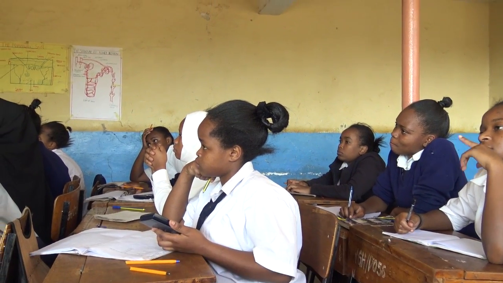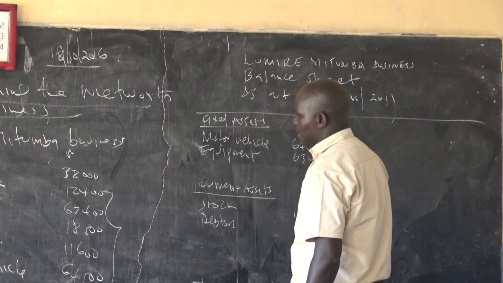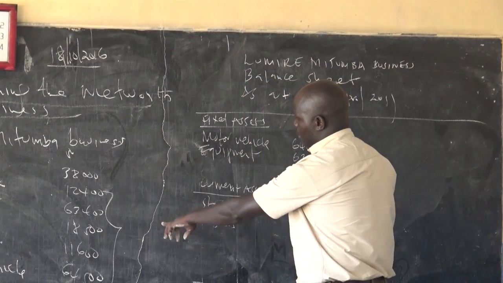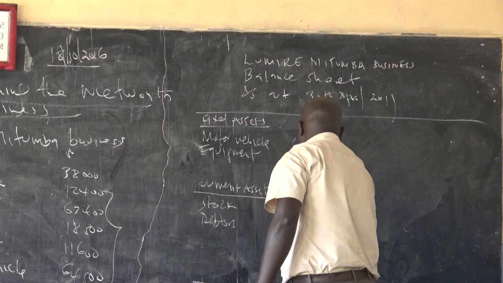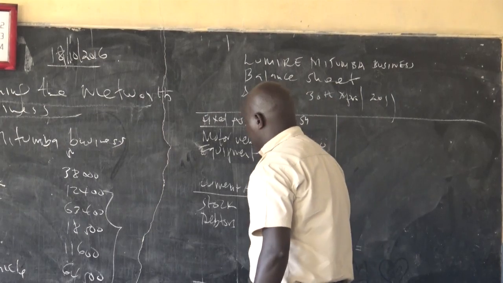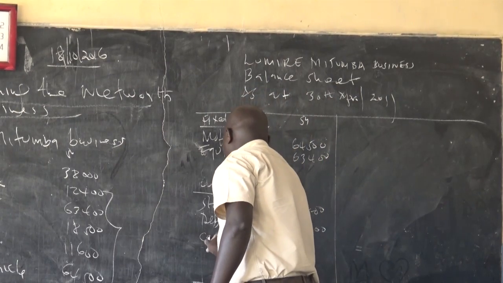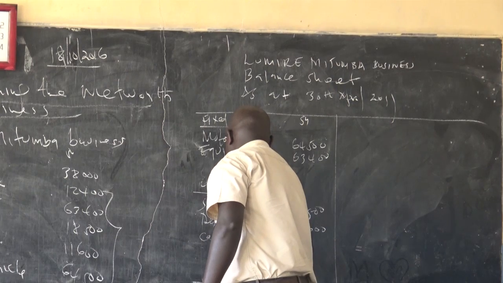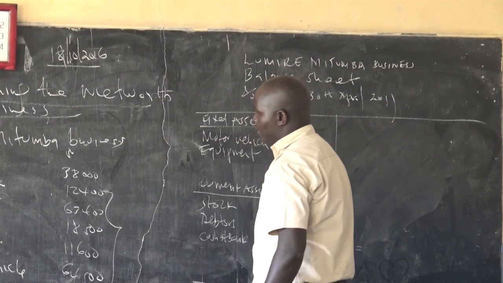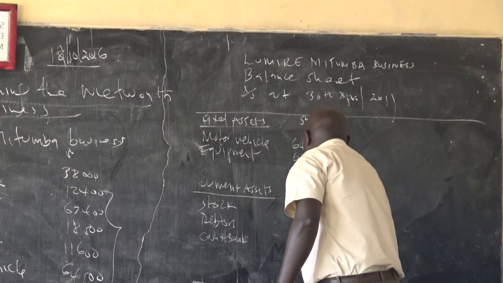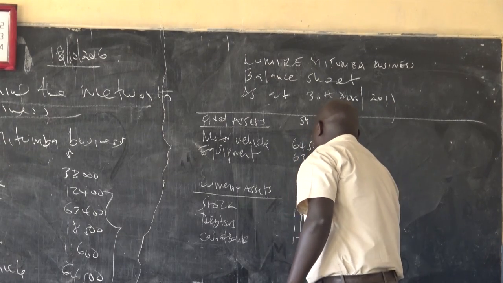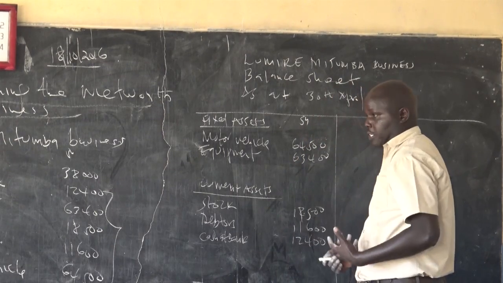How much? Debtors is how much? Correct, 11,600. Then we have cash at bank. This is the money at the bank. How much? Now, there are two ways of doing this.